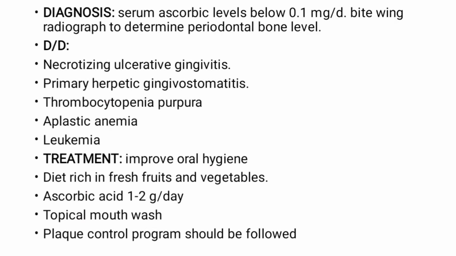How do you diagnose it? You check the ascorbic acid levels, which are below 0.1 milligram per dL, and you do a bite wing radiograph to determine the periodontal bone level.